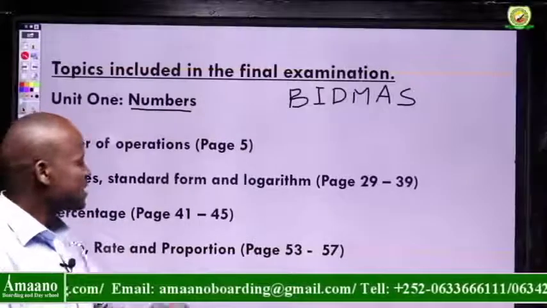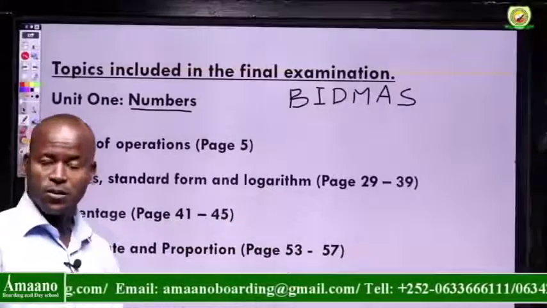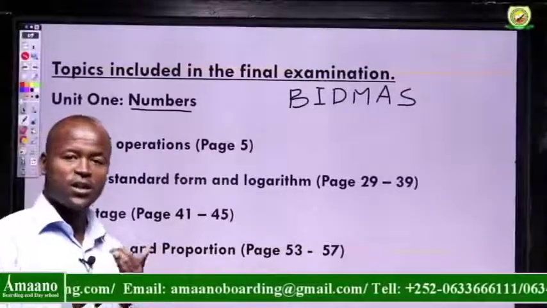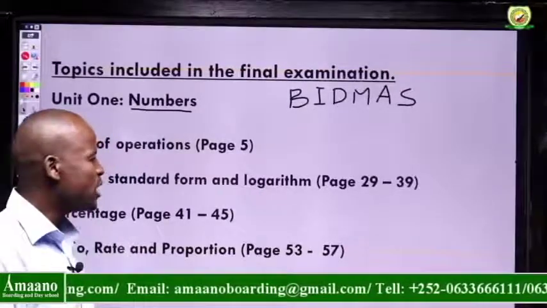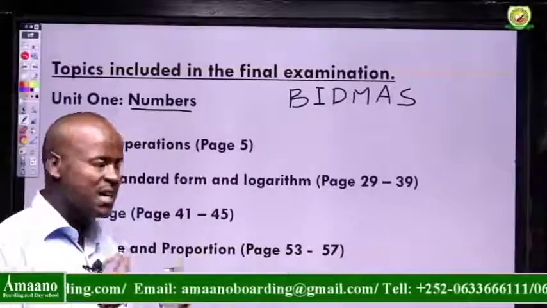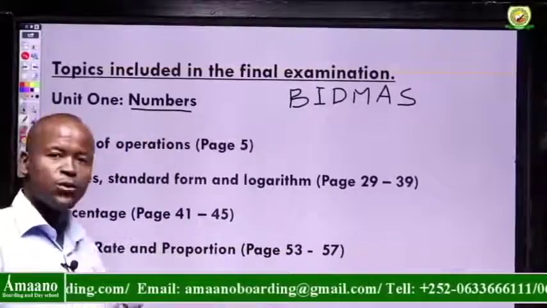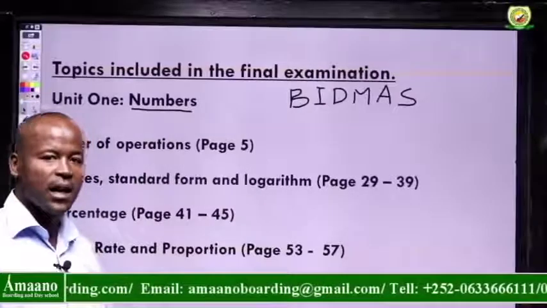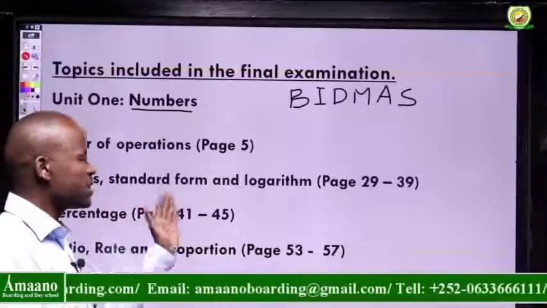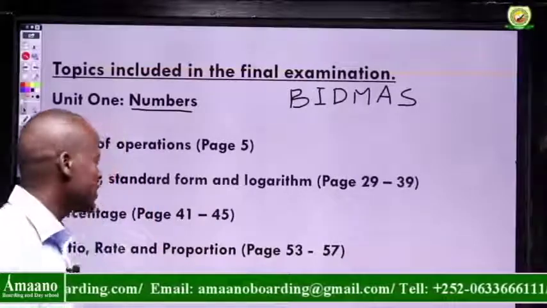Logarithm, again with properties, we have seen this, and then we did different questions as classwork and homework. So as I said, from page 29 up to 39 of your textbook, revise this part and do examples and exercises. At the same time, revise questions related to this topic from your activity book.